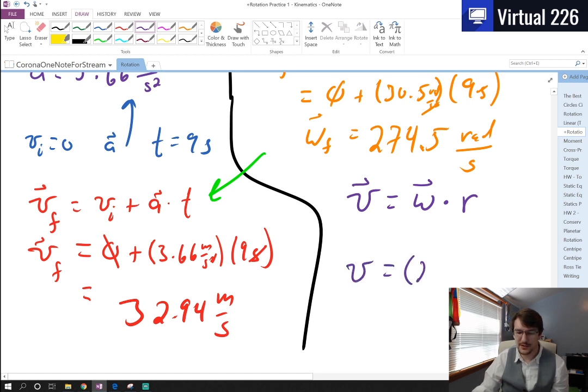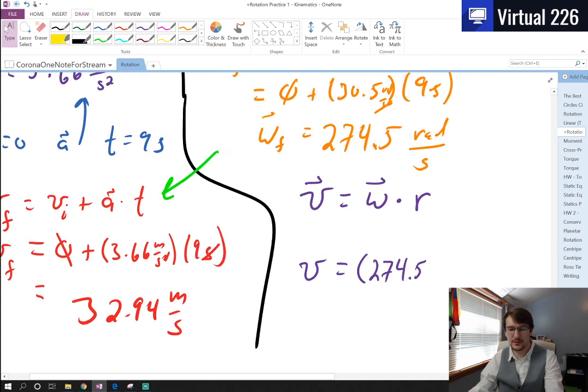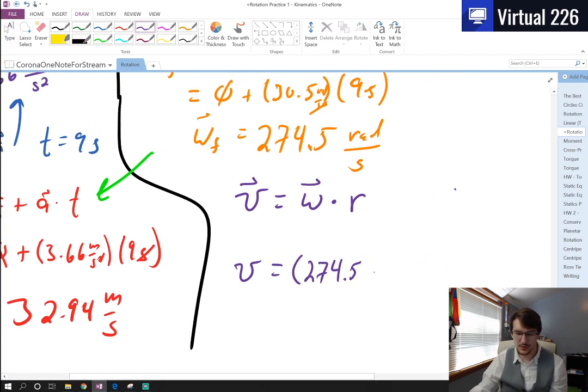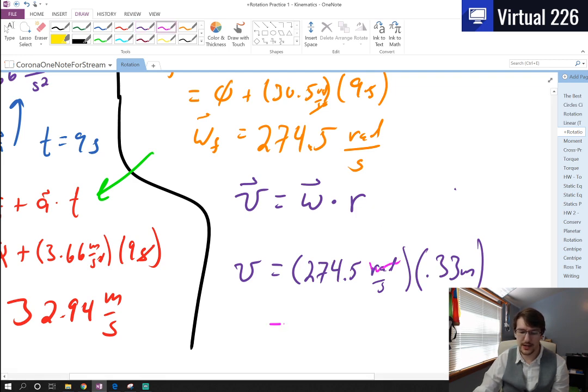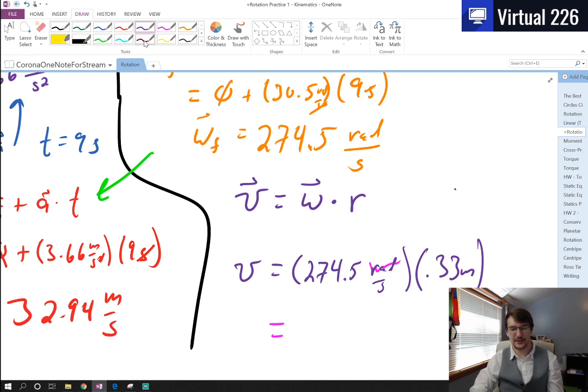We can say that this is going to be 274.5 radians per second times the 0.33 meters. That radians here is just a placeholder for the meters, so it's going to go away. And we're going to get a final answer here of whatever 274.5 is divided by 3. Whoops, hold on. 274.5 times 0.33333.